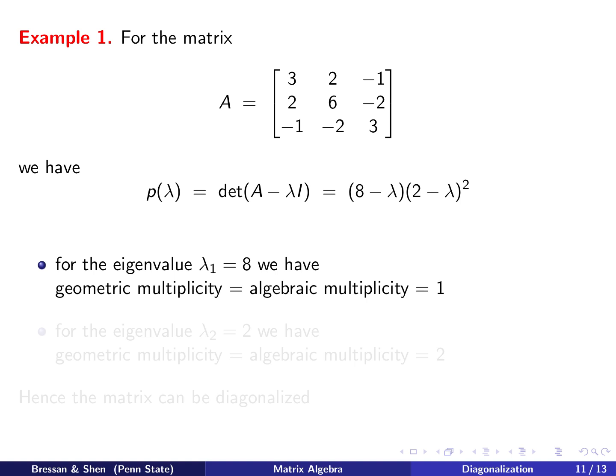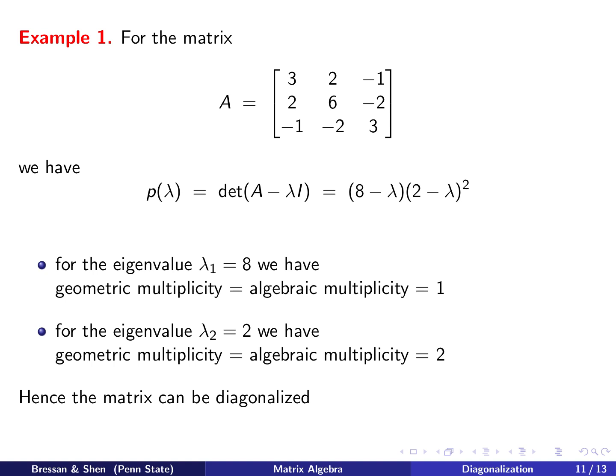And then for lambda 1 equals 8, the geometric multiplicity is 1 and the algebraic multiplicity is 1, and they are equal to each other. And for the eigenvalue lambda equal to 2, we find that the algebraic multiplicity is 2 and the geometric multiplicity is also 2, because we found 2 eigenvectors. So they are equal, and therefore we conclude that the matrix can be diagonalized.